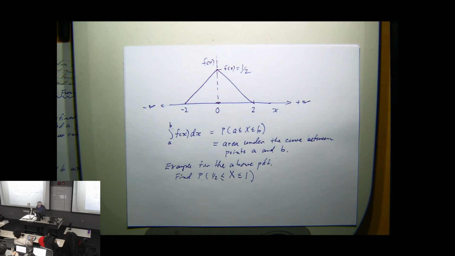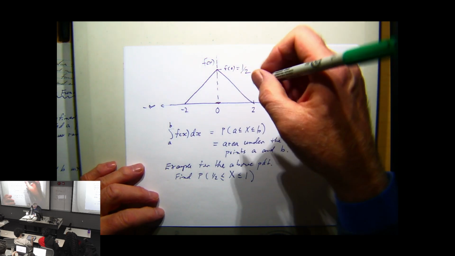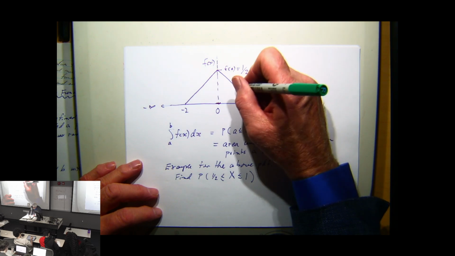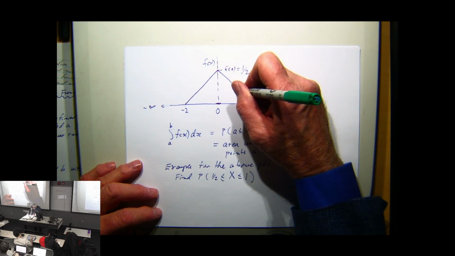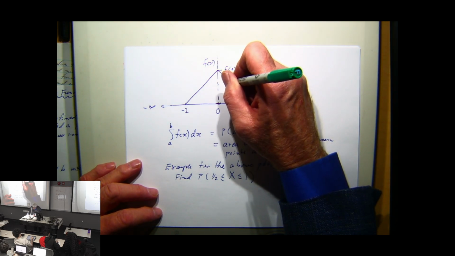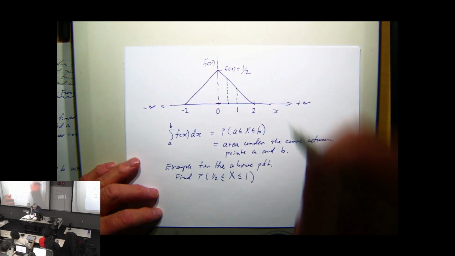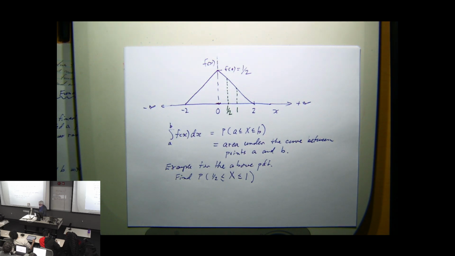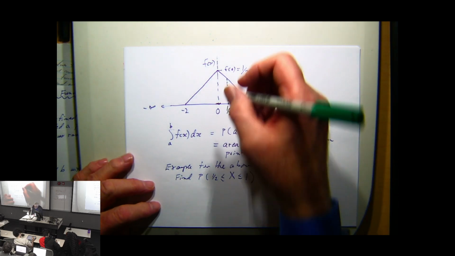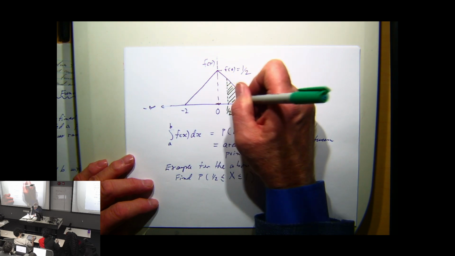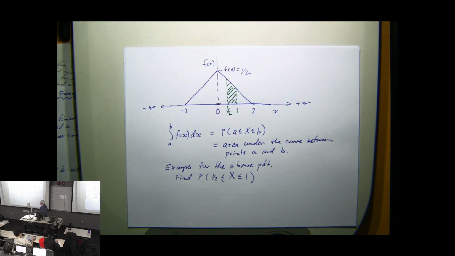And so for a geometric argument, we can look at this thing and say, okay, let's see, this is where 1 sits, and here's where 1/2 sits, and what we want to do is find this area right here.